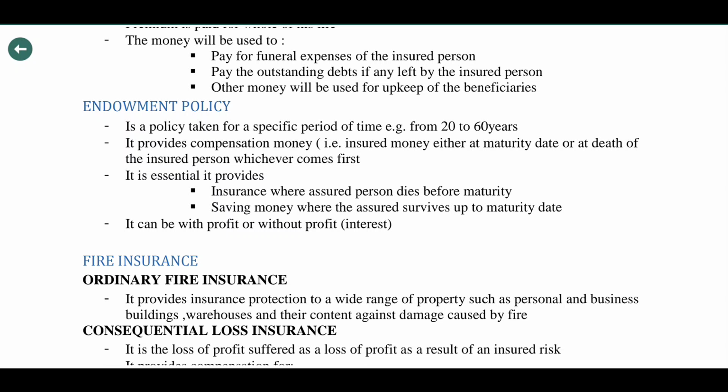Also, to be covered for life assurance. So if you don't die, you'll be given money. If you die, expenses will be catered for. During the funeral, expenses will be catered for, okay? And also paying outstanding debt. All right. So that is the endowment policy. Okay.